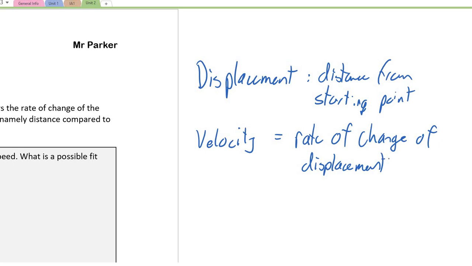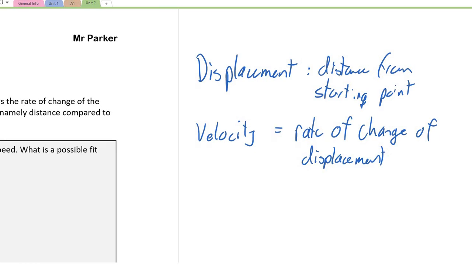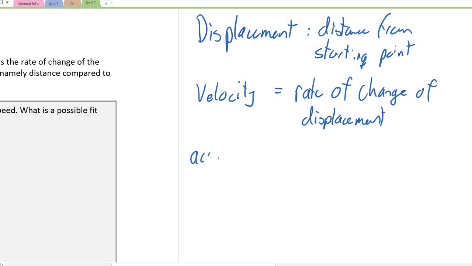So if I have my displacement and I differentiate it, that will give me my velocity, because the velocity is just the rate of change of my displacement. Then my acceleration is the rate of change of my velocity.